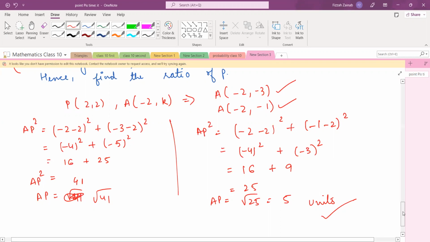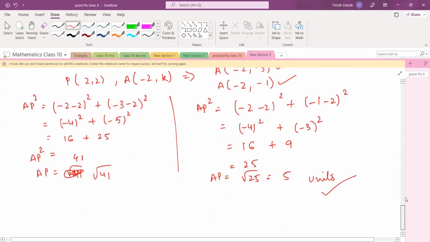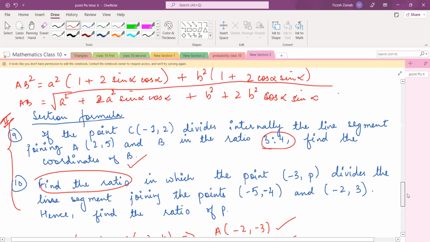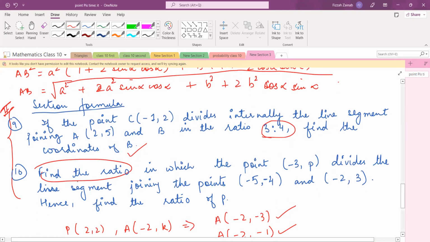So you have got it? Yes, ma'am, got it. Okay. So you can note down these question number 9 and 10. They are like straight use of formula.